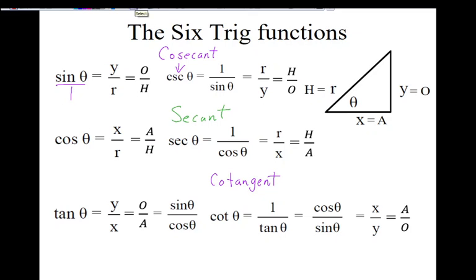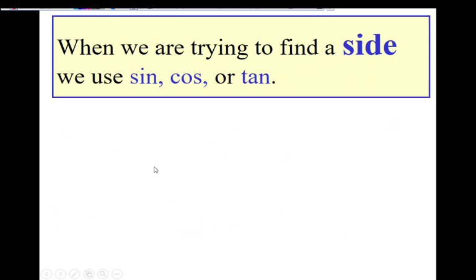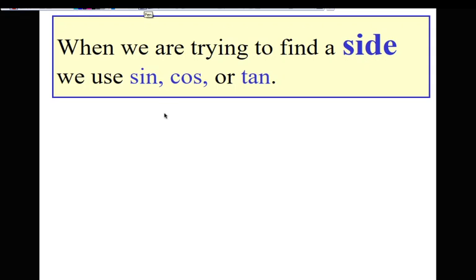Now, the next thing, going back to the right triangle trig. When we are dealing with a right triangle and we're looking for a specific side, we're using our regular functions, sine, cosine, or tangent. So it would be like using sine theta equals opposite over hypotenuse.